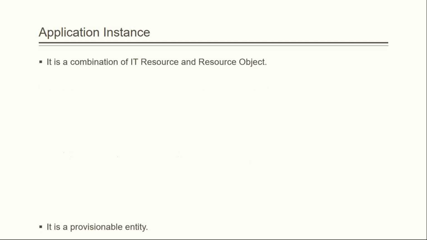Using application instances, we represent each of the databases inside OIM. An application instance is a combination of IT resource and resource object. Is it clear to you? It is a provisionable entity, meaning the end user can provision themselves to the application instance, and once you provision yourself, your entry is created in the target system also.